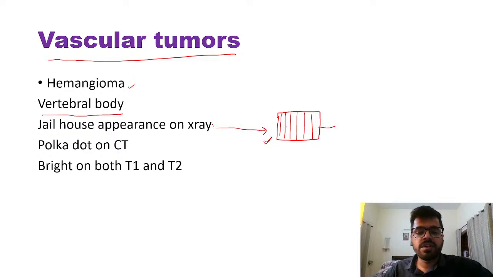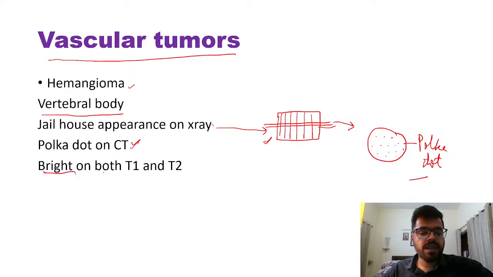If we take an axial section, if we cut it like this and take a section, then we'll be able to see the same thing end on like this. So this is polka dot appearance. This can be seen on axial section of CT.